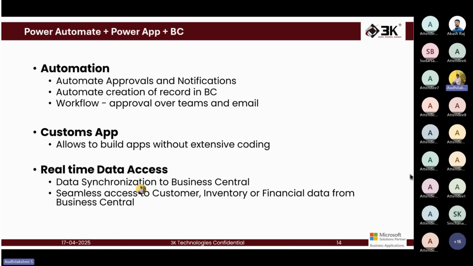Similarly, from my Business Central, I can seamlessly access financial data, customer data or inventory data, which I can populate and showcase. So these are the features of using Power Automate and Power Apps with Business Central.